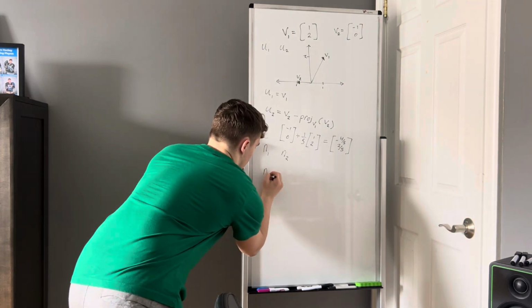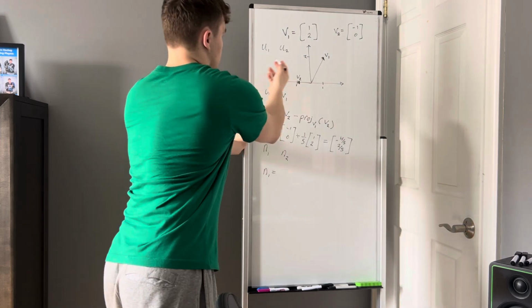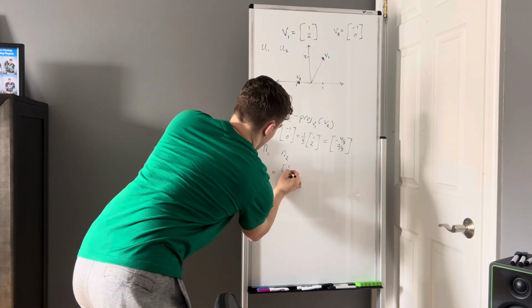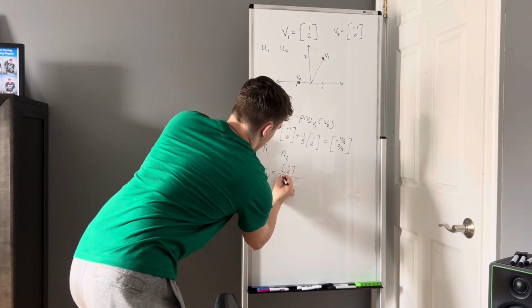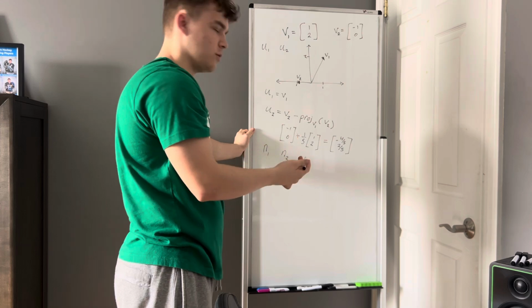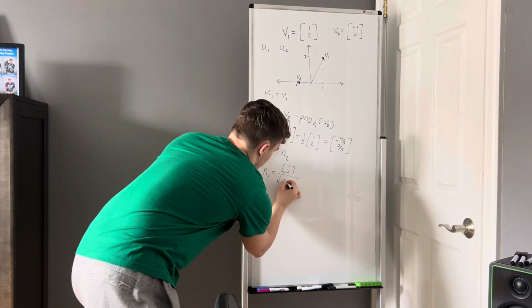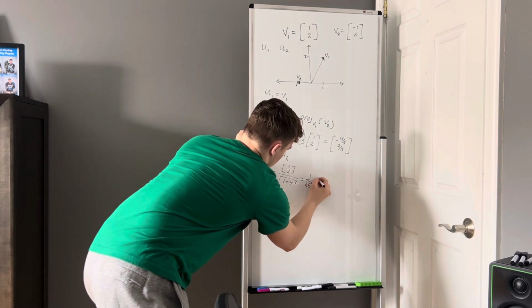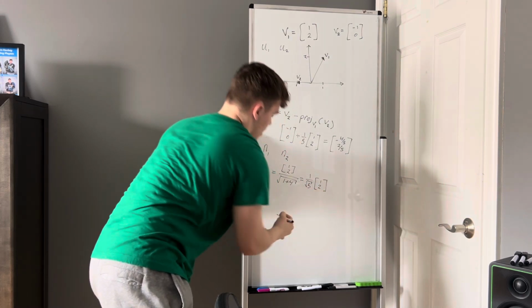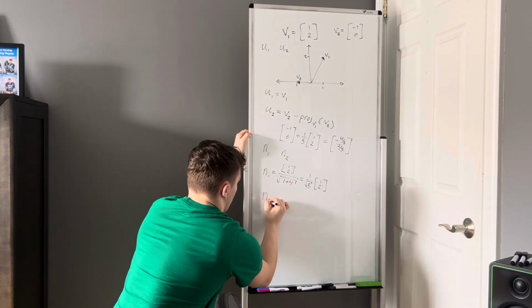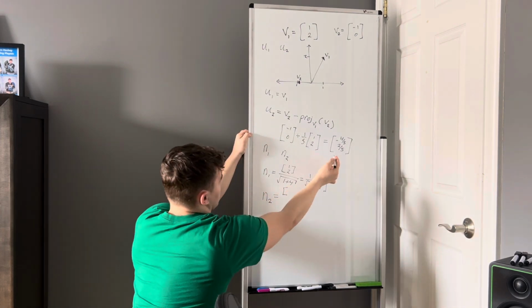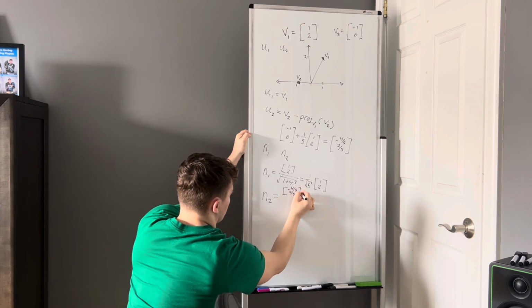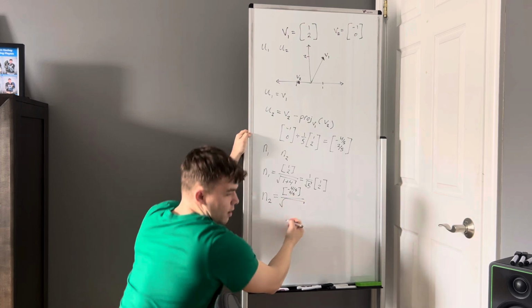So, N1 is U1, which is 1, 2, divided by the square root of 1 squared plus 2 squared. So that's 1 plus 4, or the square root of 5. Finally, we say that N2 is our U2, minus 4 over 5, 2 over 5, divided by its magnitude.